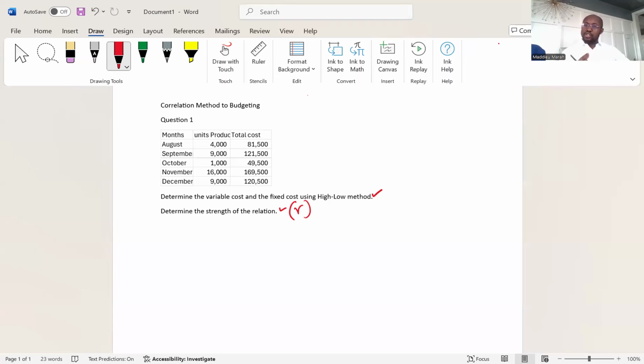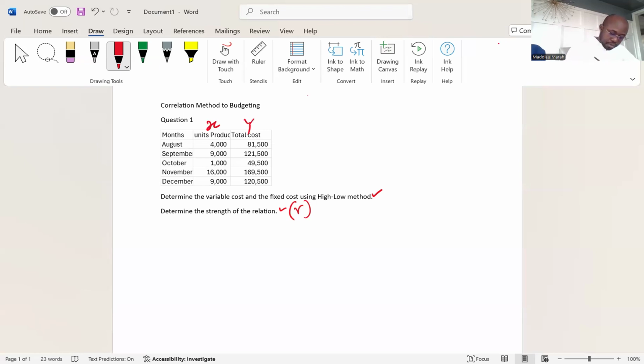So we have the months August, September, October, November, December. Units produced is the independent variable. Total cost is the dependent variable. So automatically, units produced becomes our X value, and total cost becomes our Y value.